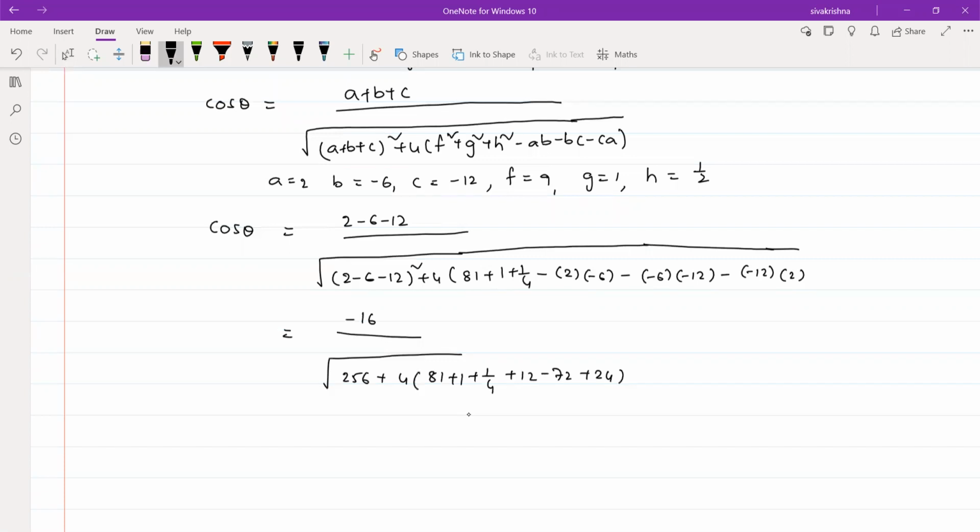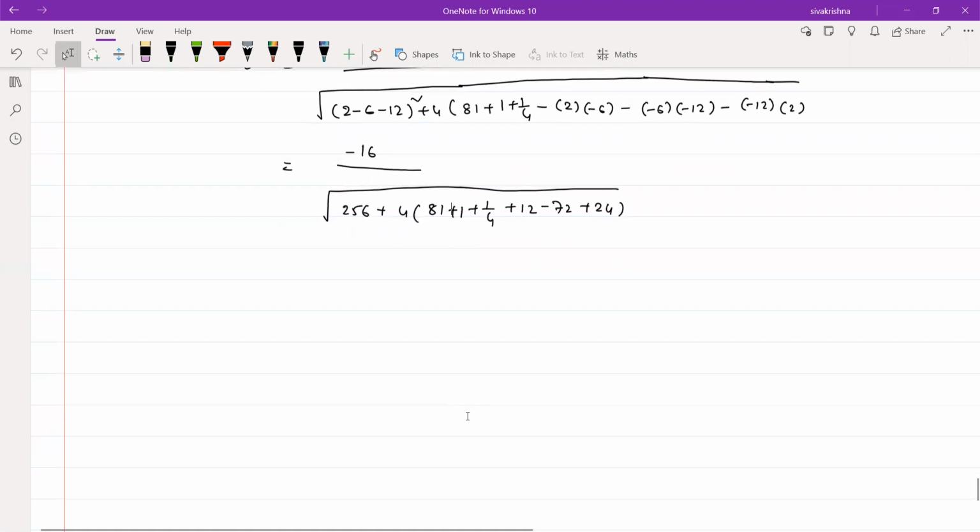These are the values under the root. On further simplification, cos theta is equal to minus 16 by square root of 256 plus 4 into, on adding positive values we get 118, plus we have one fraction that is 1 by 4, and minus 72.